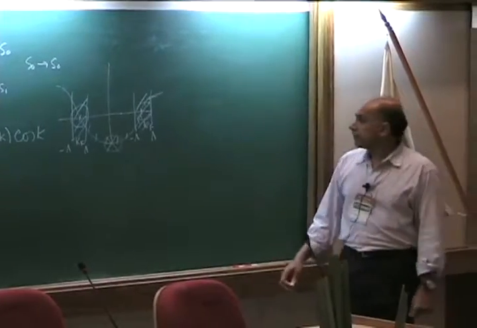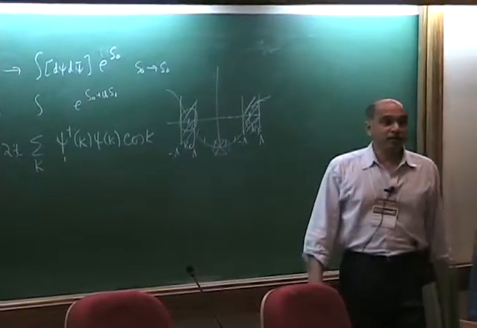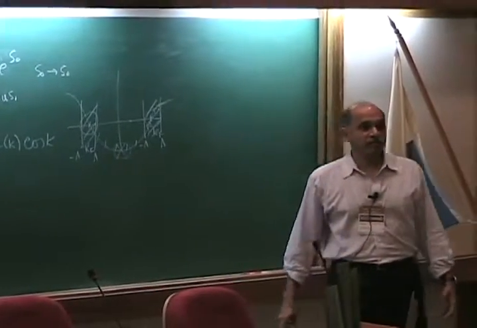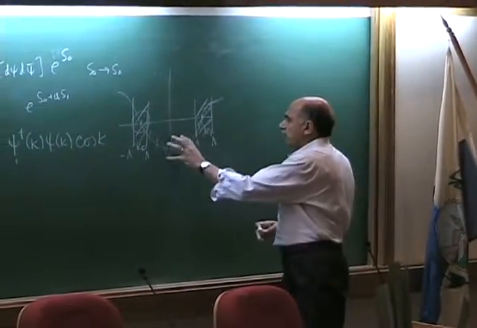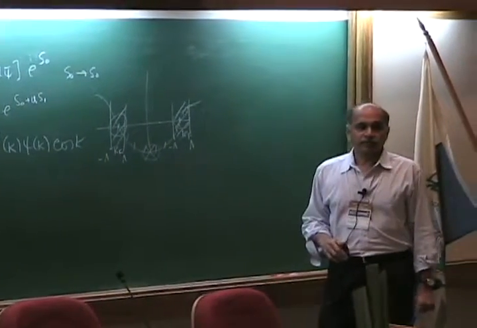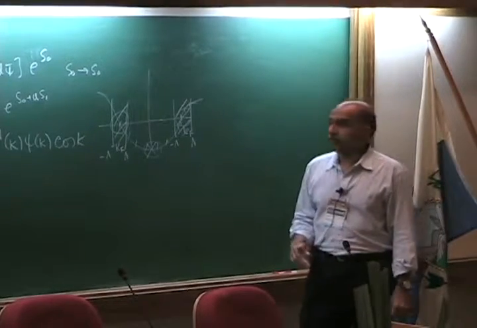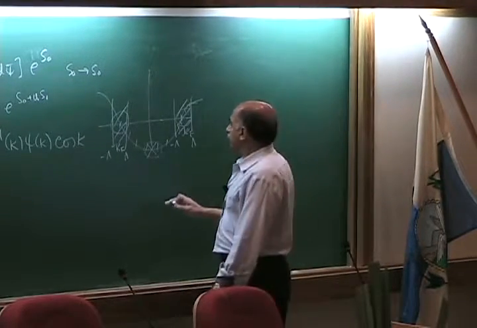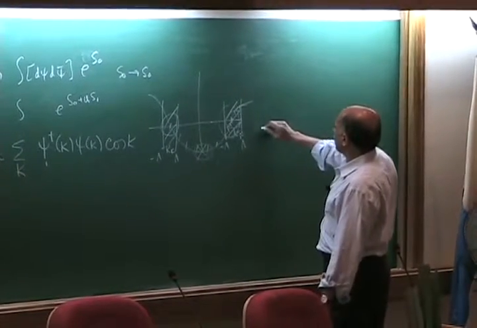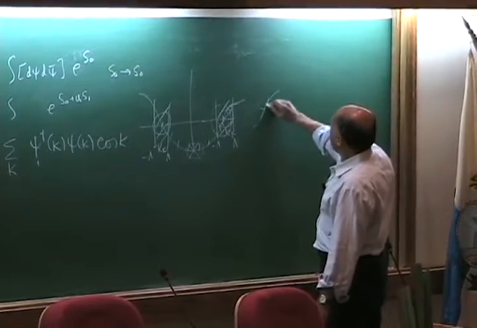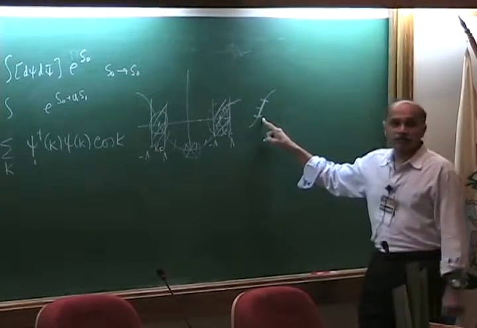And the hope is, in the end, the fact that I threw out the bottom of this band will not make any difference. And you can see why. For weak perturbations and weak interactions, whatever perturbation you do, the bottom of the band is not going to get involved. Only the guys near the Fermi energy will get involved. So I'm going to truncate this theory, and if you blow up this region here, you have to trust my drawing here, it looks like the energy versus momentum is a straight line with positive slope.